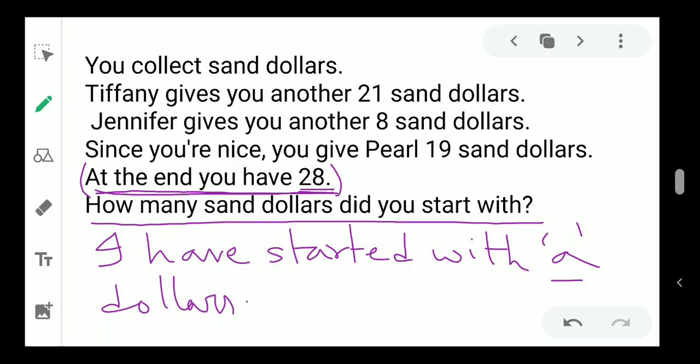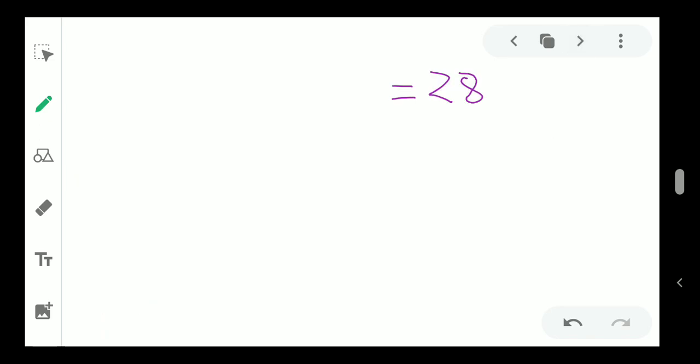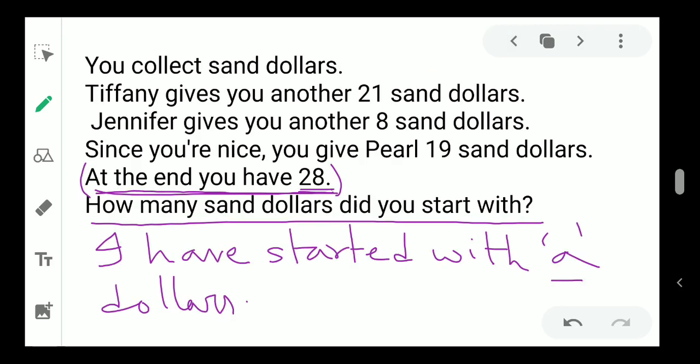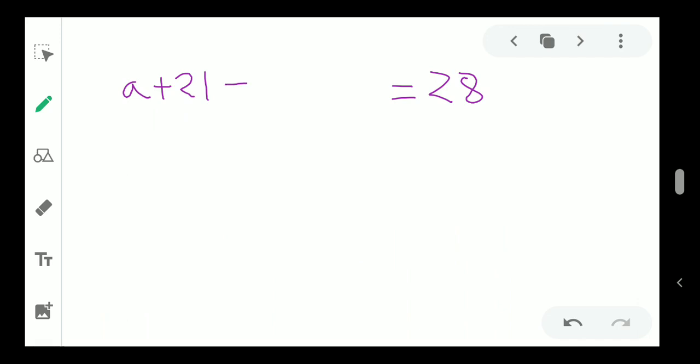Instead of x I have taken a here. So you can take any alphabet you want. So Tiffany gives me another 21 sand dollars. So what I had a, another 21 Tiffany has given me, right? Okay. Jennifer gives you another 8 sand dollars. So Jennifer again gave me 8 dollars. Okay.